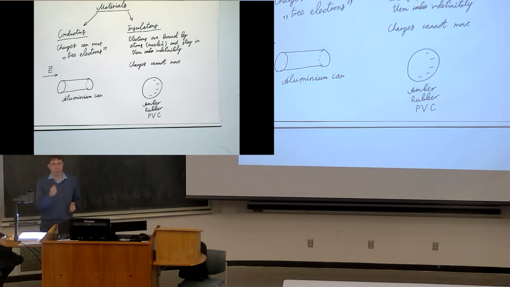You can talk to your neighbor if you wish to check your thoughts. The field has a given direction, and that shows its direction. It means that if you put a positive charge there, it will be directed like this.